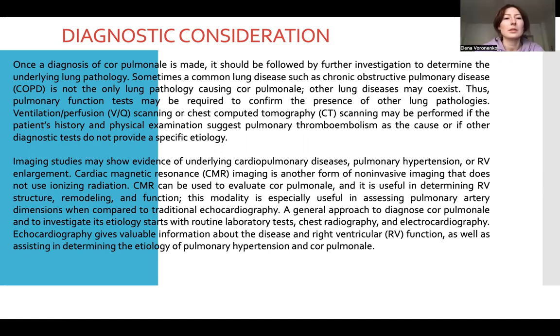Thus, pulmonary function tests may be required to confirm the presence of other lung pathologies. Ventilation perfusion scanning or chest computed tomography scanning may be performed if the patient's history and physical examination suggest pulmonary thromboembolism as the cause, or if other diagnostic tests don't provide a specific etiology.